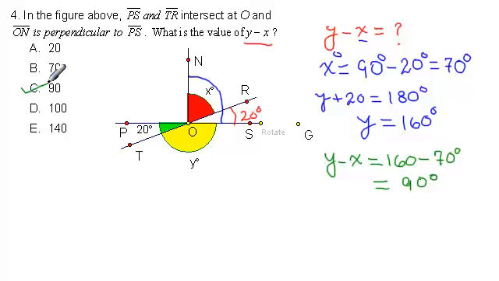So the answer is going to be C. So this is a simple explanation to find the answer, which is y minus x equal to 90 degrees.